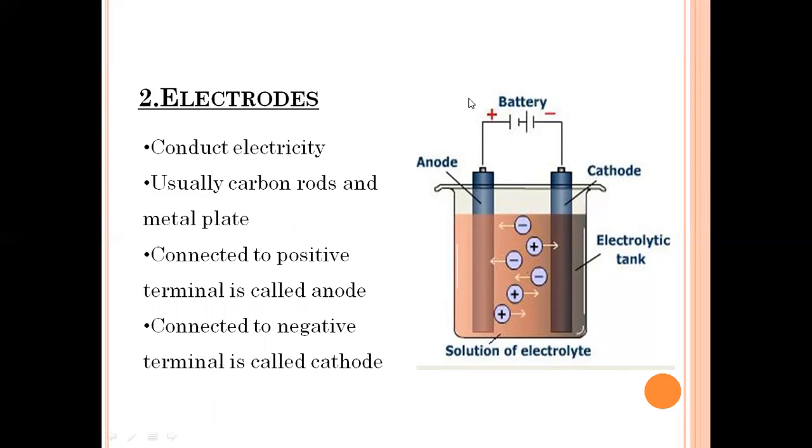It helps to conduct electricity through the solution. These electrodes are usually made of carbon rods and metal plates. The one connected to the positive terminal is known as the anode and the one connected to the negative terminal is known as the cathode.